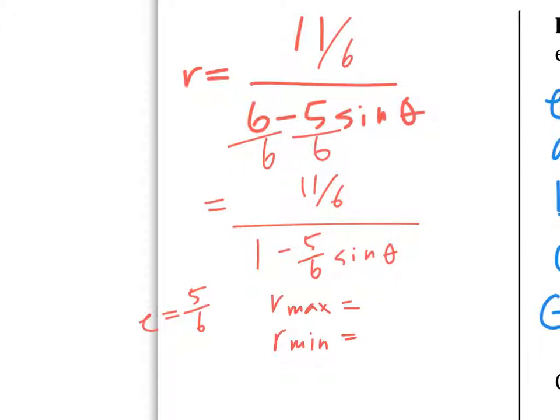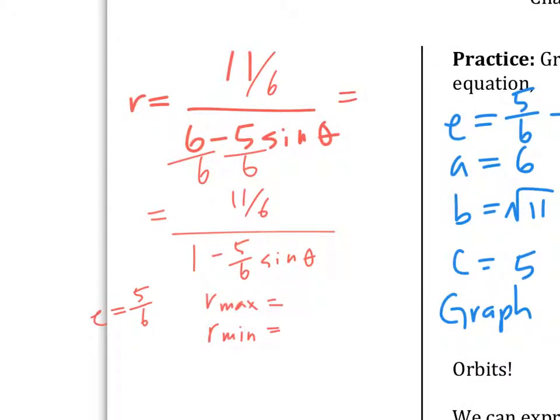So what you do is you start from this original equation, before I change this. So 11 over 6 minus 5 sine theta. And then you ask yourself, what is the highest R I can actually get? Well, the highest sine is going to be 1. So this is going to be 6 minus 5, right?